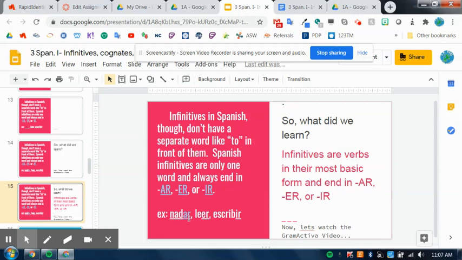But for this unit, where we're talking about likes and dislikes, we're going to keep it in that form because we're saying I like to swim. We're still saying to do that action. But that is called an infinitive, a verb in its most basic form ending in AR, ER, or IR.